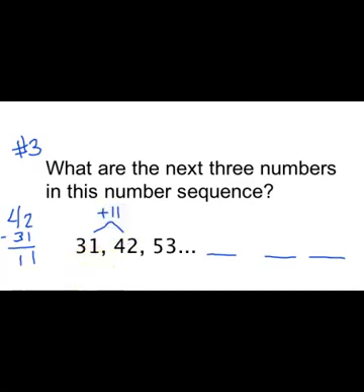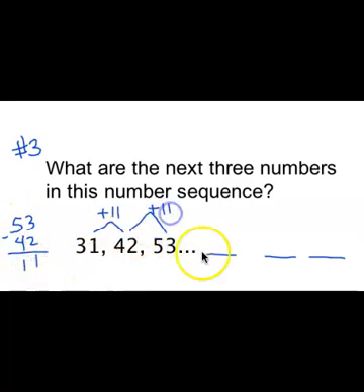Let's see if that works out for the other one, for getting from 42 to 53. 53 minus 42. 3 minus 2 is 1. 5 minus 4 is 1. Yep, it works. Okay, so both of them have a sequence of being plus 11. We started at 31 and we added 11.